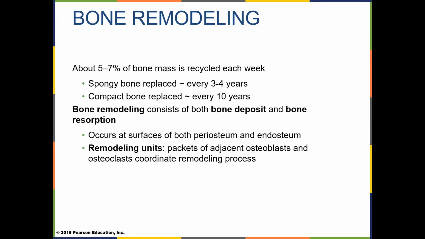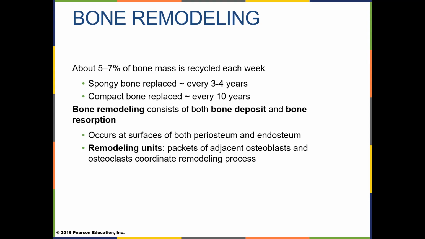We use these hormones all the time, because we're recycling our bones on a constant basis. About 5% of our total bone mass gets recycled into new bone every week. We replace all of our spongy bone every 3 years, and we replace all of our compact bone every 10 years. So we can say we have a brand new skeleton every 10 years.